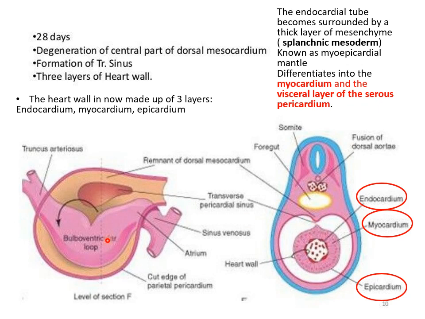Also by now, this simple endothelial heart tube gets surrounded by a thick layer of mesenchyme, which is splanchnic mesoderm itself, and this is known as the myoepicardial mantle. This will soon differentiate into the myocardium and the epicardium, or the visceral layer of serous pericardium.